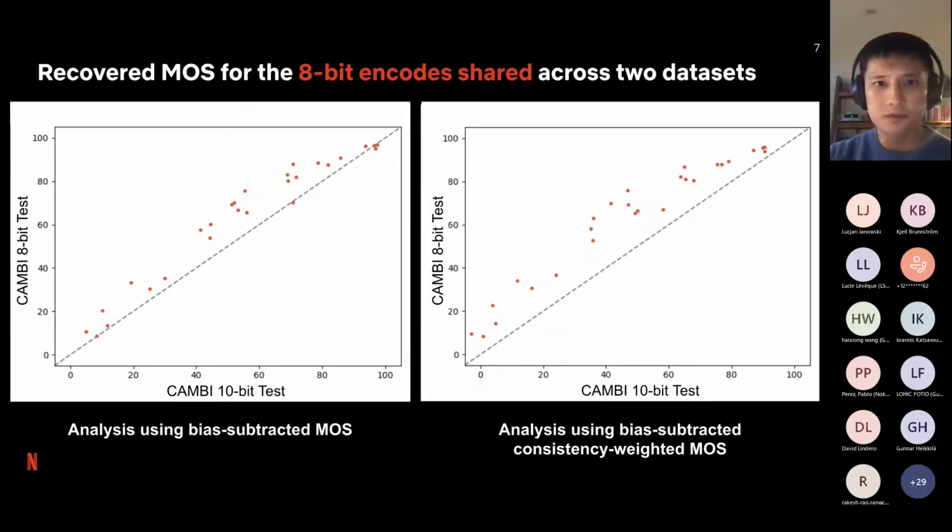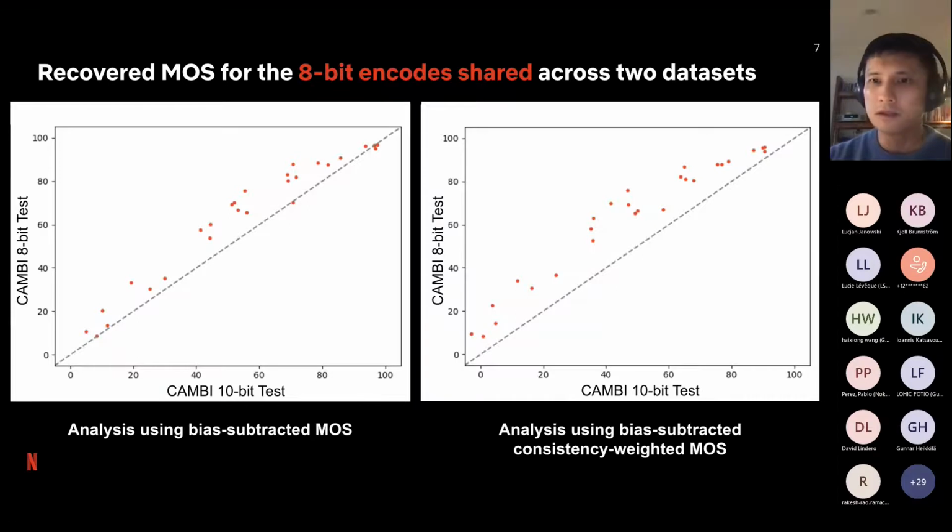One of the major reasons we introduced these overlapped 8-bit encodes between the two data sets is that we hope to calibrate across the two data sets such that we can aggregate results.